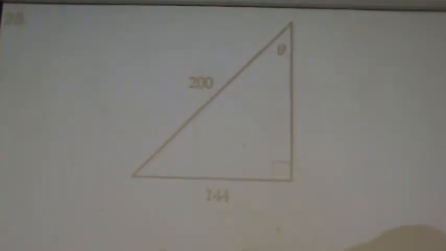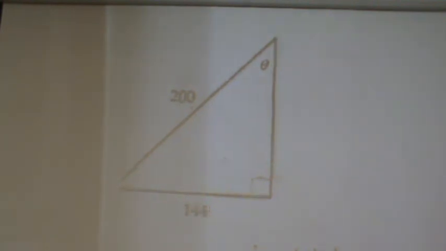Sine of some angle is equal to 144, opposite over hypotenuse, I think that's a 200. So on your calculator, this is what you have. And I got about 46 degrees. 46.1.